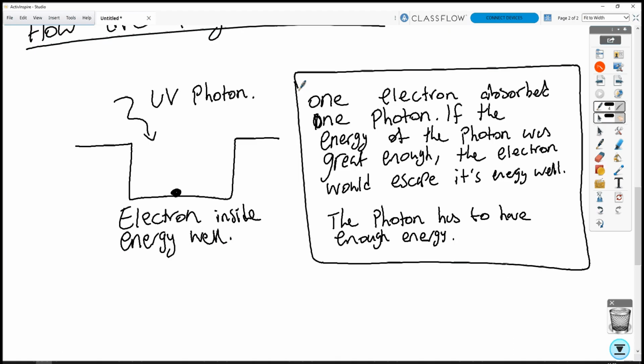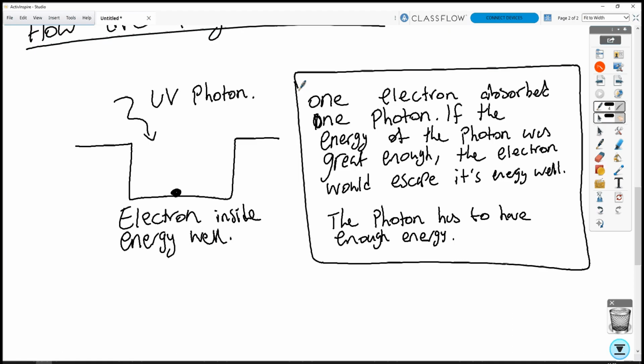So UV has a higher frequency than visible light. That means that each photon of UV carries more energy than each photon of visible light. Including within visible light, each photon of blue light carries more energy than each photon of red light.